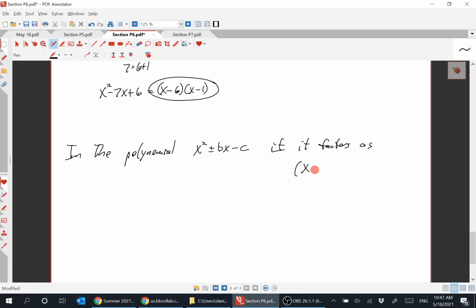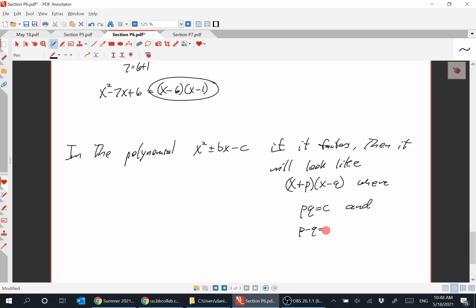If it factors, then it will look like x plus p, x minus q, where p times q is equal to c, and p minus q is equal to plus or minus b, or whatever the case might be, right? If it's a positive b or a negative b.